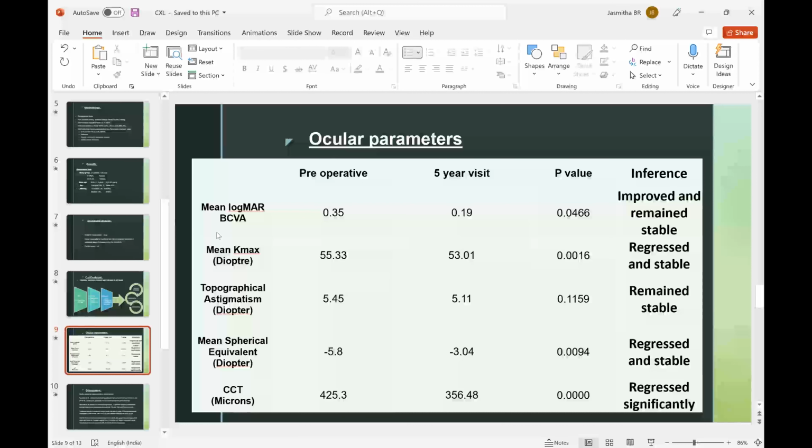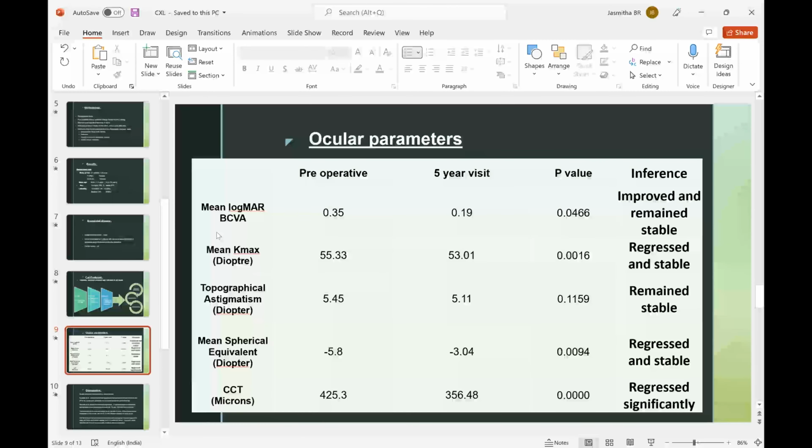At final visit, 5 years, it was 0.19 with a significant p-value. So this shows that the logMAR BCVA has improved from the preoperative level, and it has also remained stable throughout the 5 years. And mean Kmax was 55.33 diopters preoperatively, and at final visit it was 53.01 with a significant p-value.